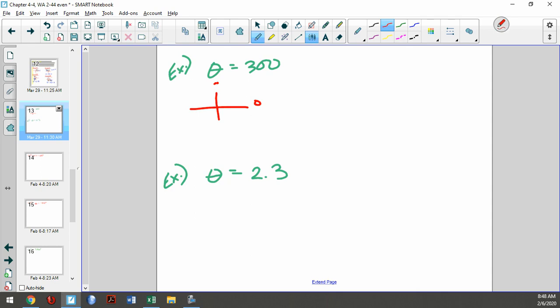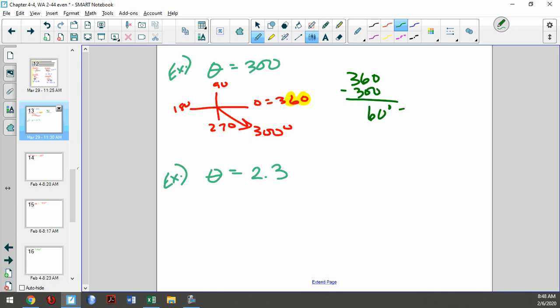Well, here's 0, 90, 180, 270, and 360. How about I write that correctly? Okay, so 300 degrees puts me right here. So your reference angle is going to be 360 minus 300, which gives you 60 degrees as your theta prime.